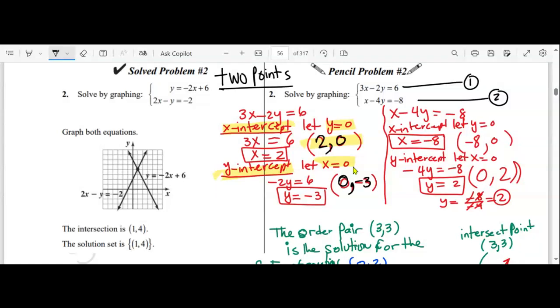Now I'm going to go to the second equation. Second equation here, x minus 4y equals negative 8. I'm going to apply the same concept, which is finding the x-intercept. You let y equal what? 0. And then we find how much x is, which in this case is how much? Minus 8 and 0.